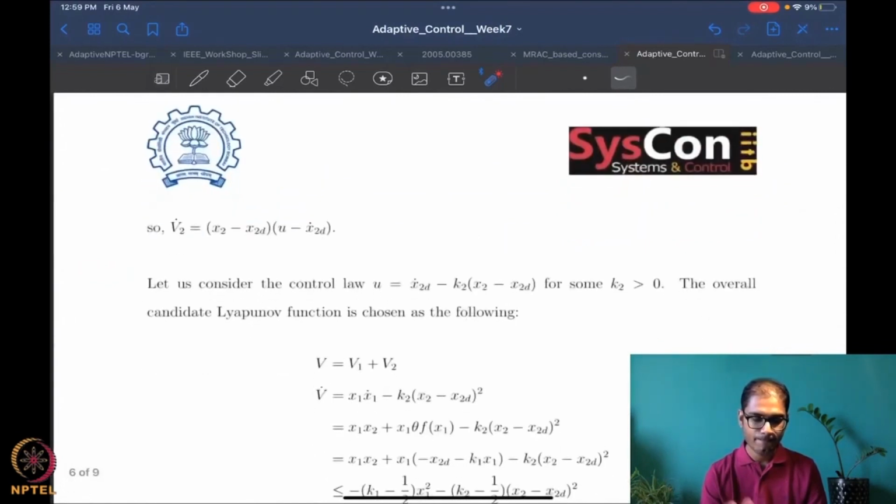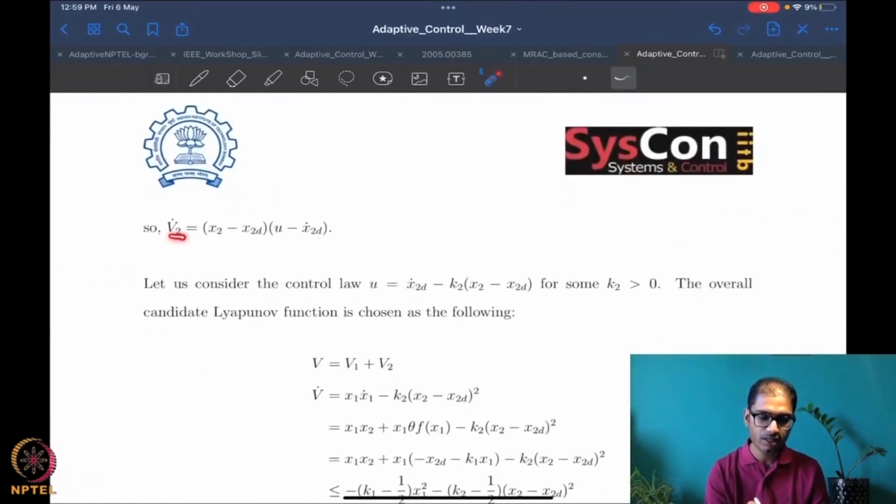And what do we get for V2 dot? It's just x2 minus x2 desired times u minus x2 desired dot. The x2 dot is of course simpler, that is just u, and x2 desired dot I've written as is. We've not really expanded it because they are known quantities, derivatives of known quantities, so you can implement them.